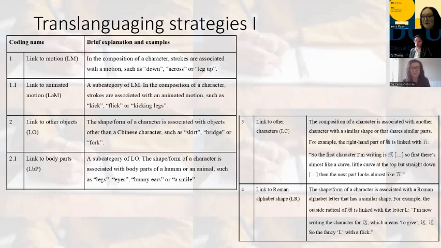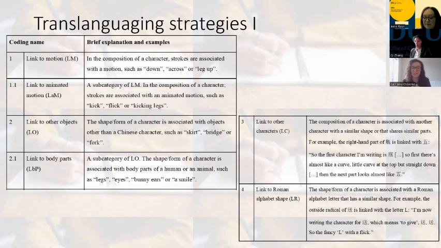The third one then was the linking to other characters that they had previously learned. So it reminds them of other characters, maybe with a similar shape, or maybe it shares similar parts. So for example, the right-hand part of this Chinese character for bottle, ping, is linked with wu, the character for number 5. So this is a direct quote taken from the transcription that we found.